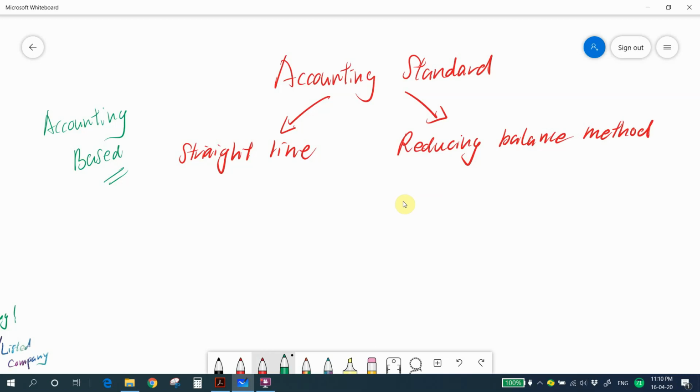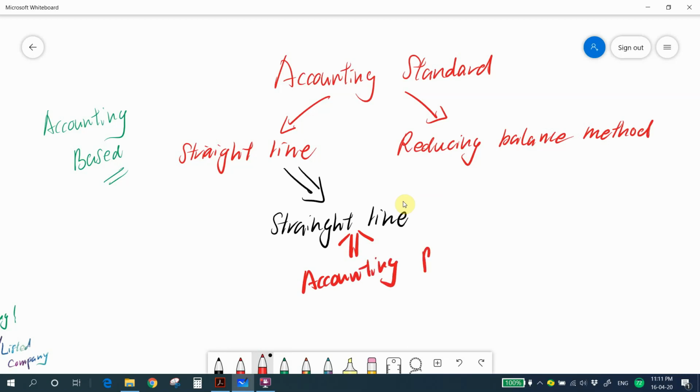But let's say if the company concludes that I want to use straight line method for my accounting, and this straight line method will become what? This straight line method will become the accounting policy of the company.